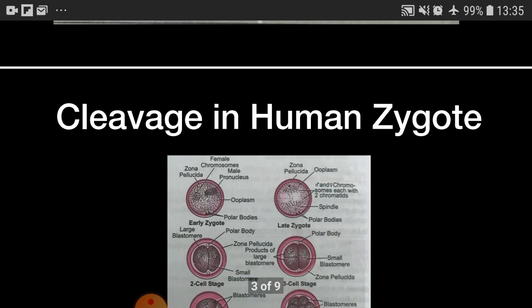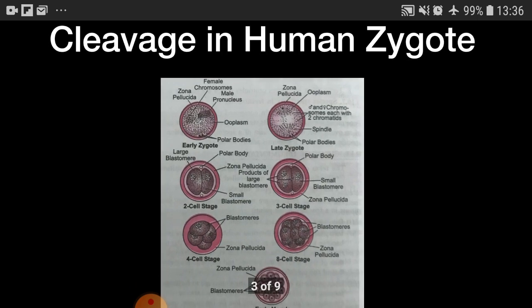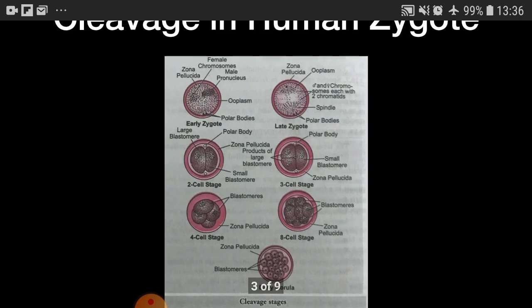Next, we come to the cleavage in the human zygote. Here on your screens are displayed diagrams of the different stages of the cleavage up to the formation of the early morula.